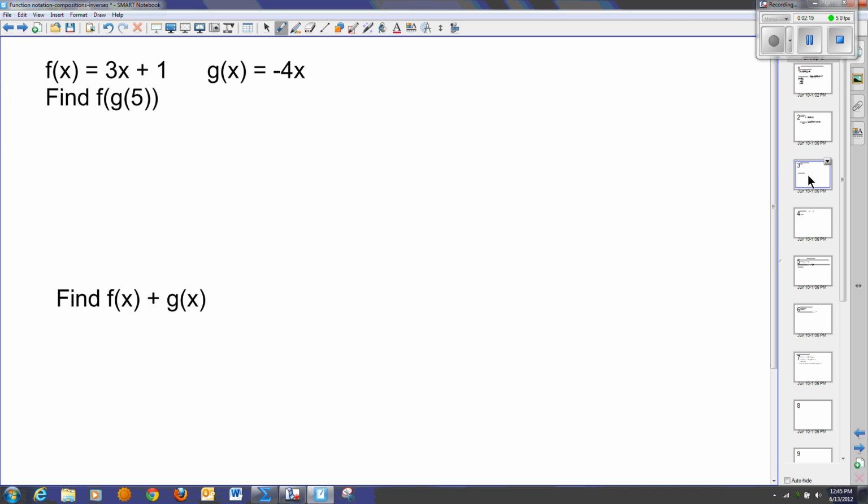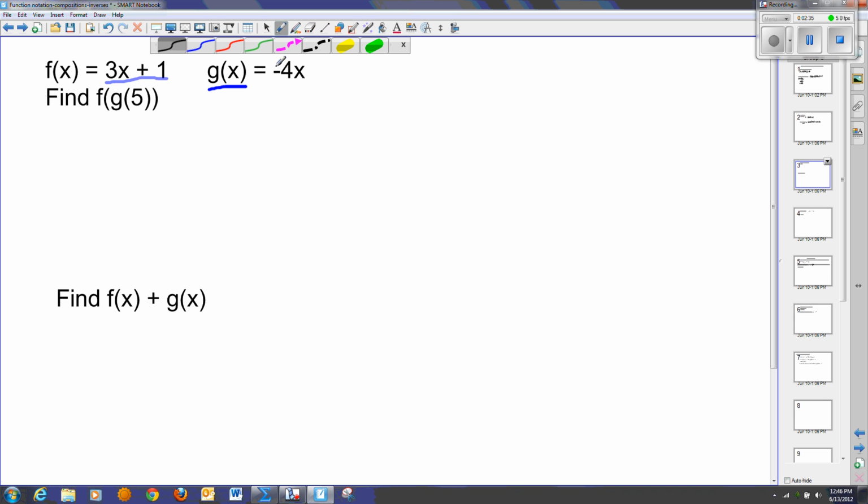Our next example is an example of what we call a composition of functions. Okay, a composition of functions is where we take and use two functions, in this case some f of x and some g of x function, and combine them together.